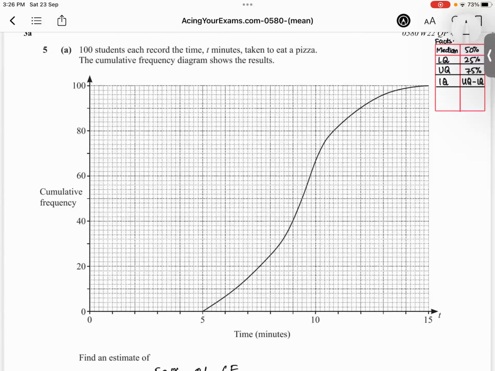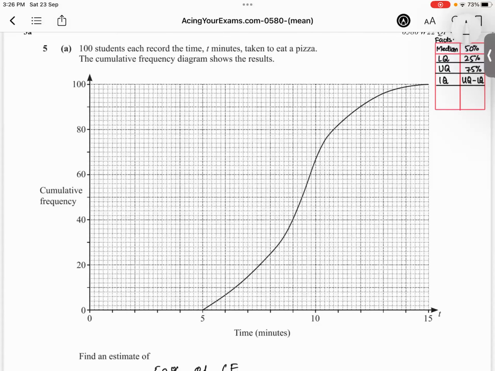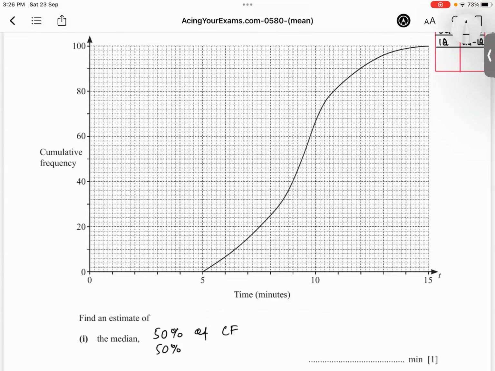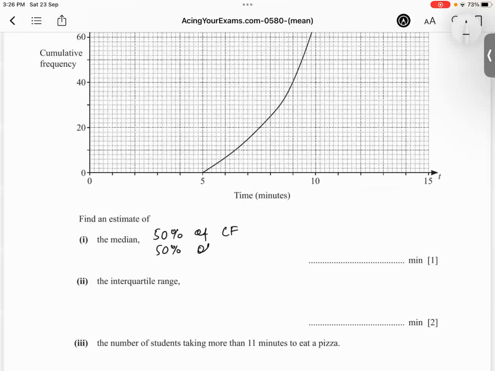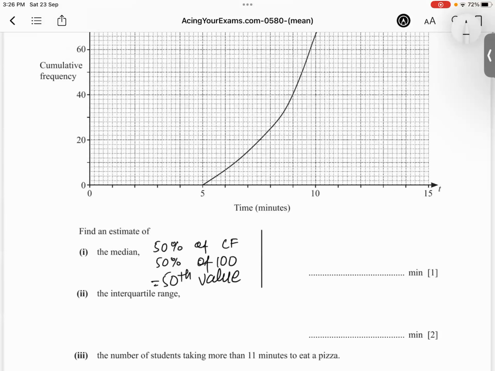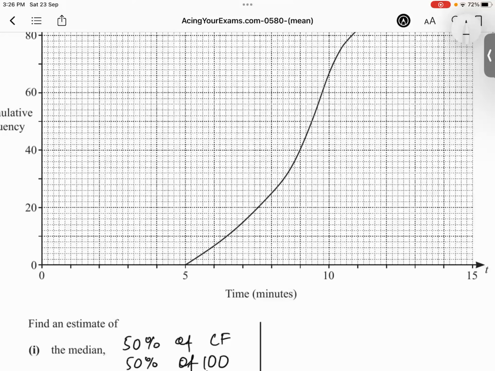Okay, the pizza eating time of 100 students has been noted, and they have asked us to tell the median time now. So median is 50% of 100. That is the 50th value. Now, this is not my answer. Keep this in mind. You have to review the graph for that. So the 50th value is right here. So hit it and go down.